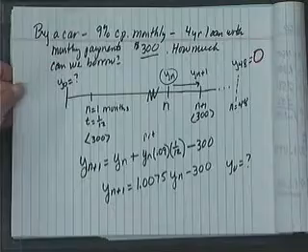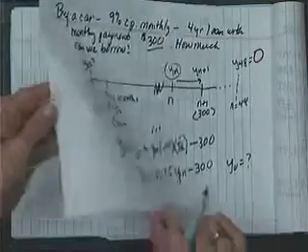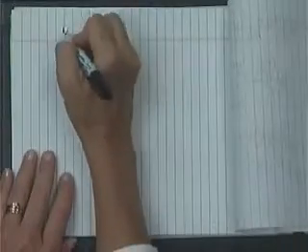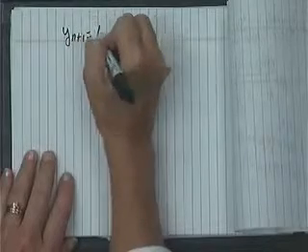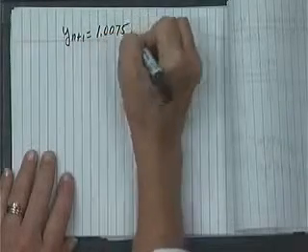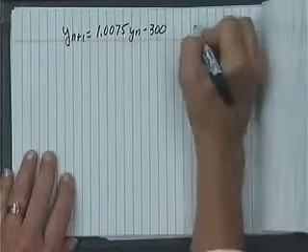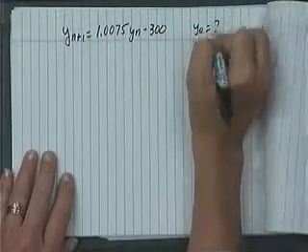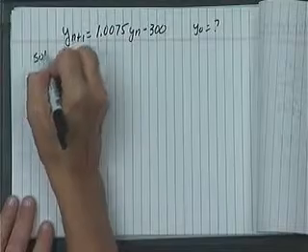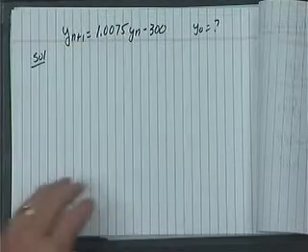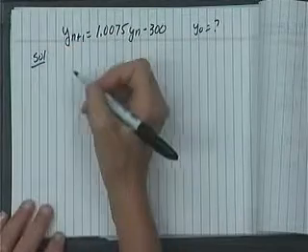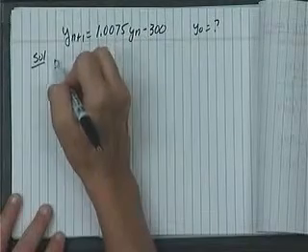Everybody good? Got it? Okay, so y sub n plus 1 equals 1.0075 y sub n minus 300, and our y sub 0 is unknown. All right. You're going to have this memorized shortly. Don't look down. I want to hear that solution again.